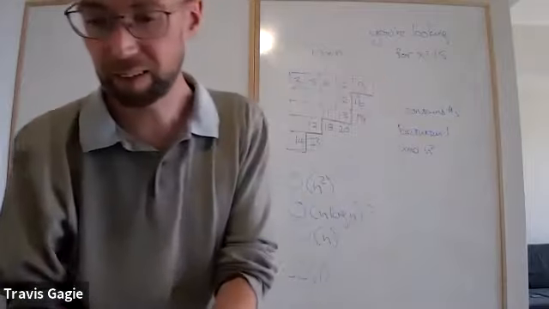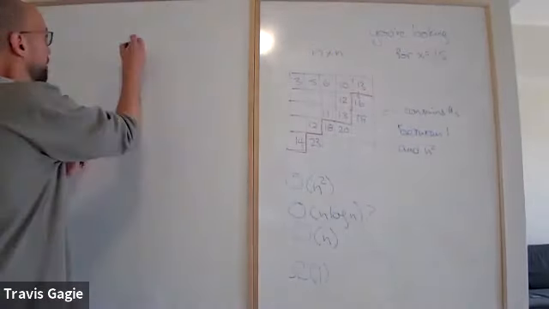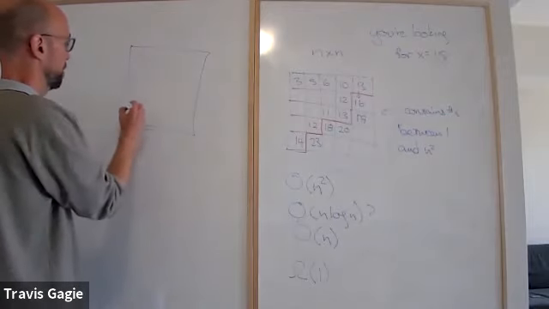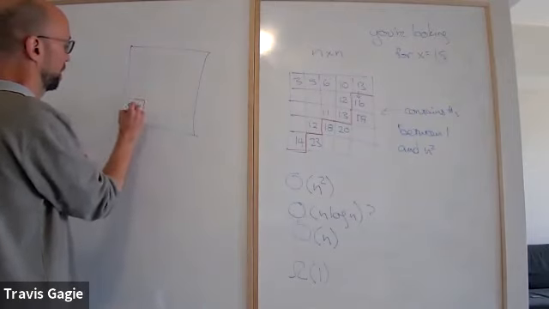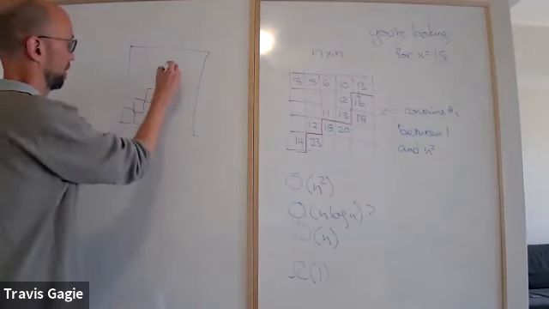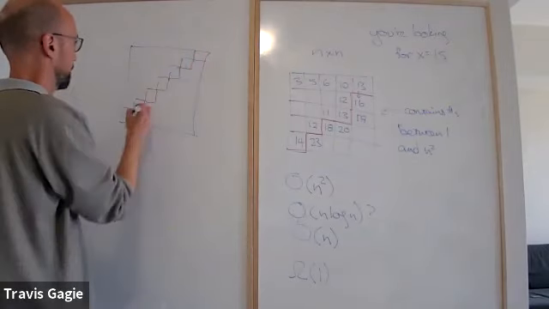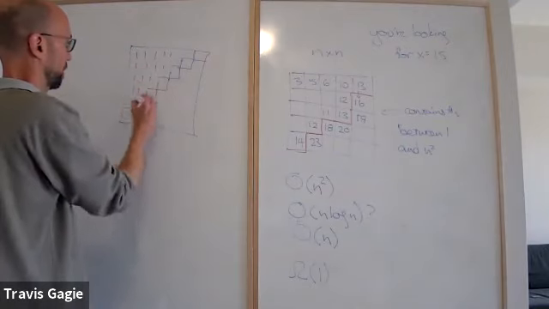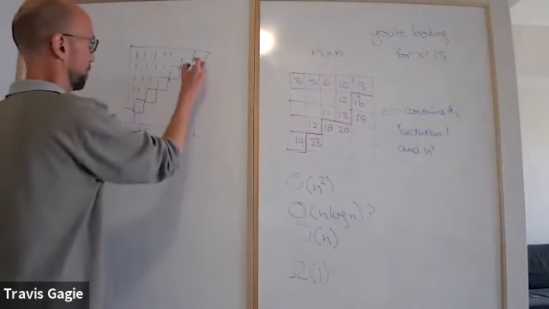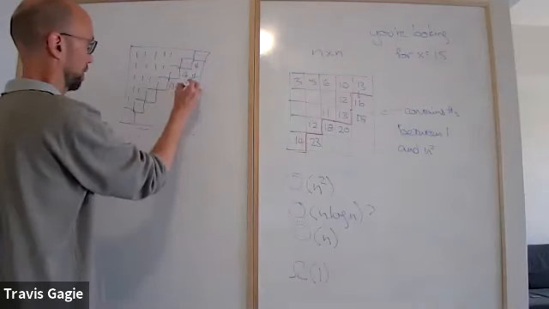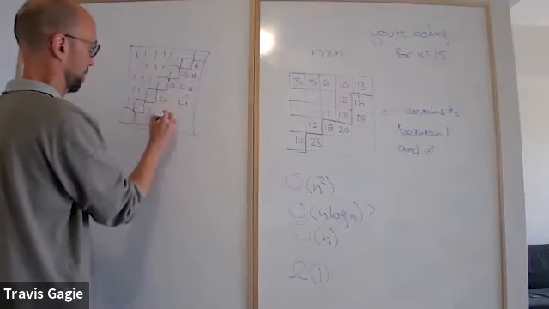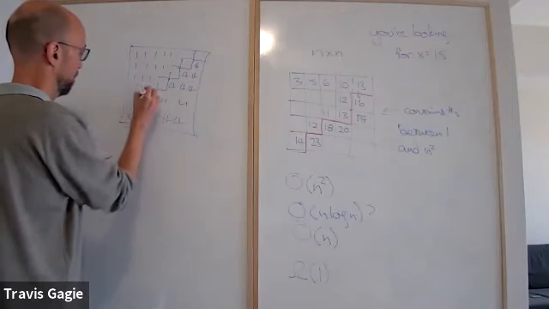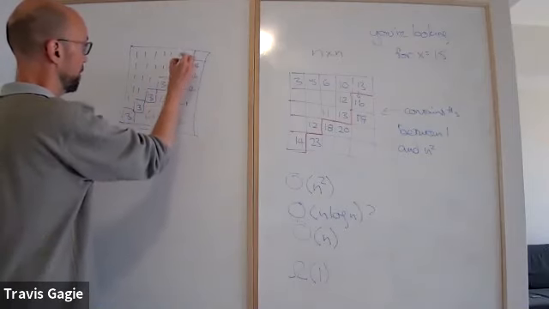But if you imagine somebody gives you the matrix and these are all ones. These are all fours. And on this line are all threes, maybe.